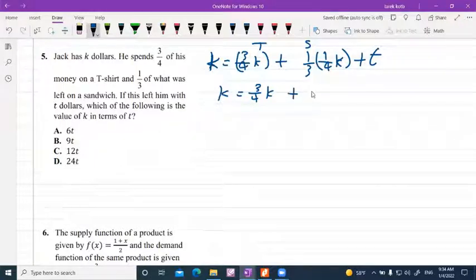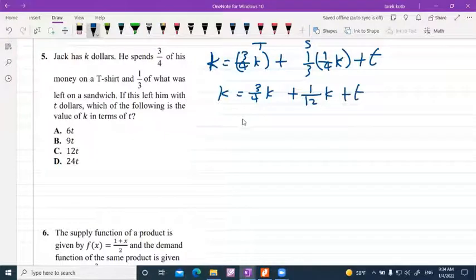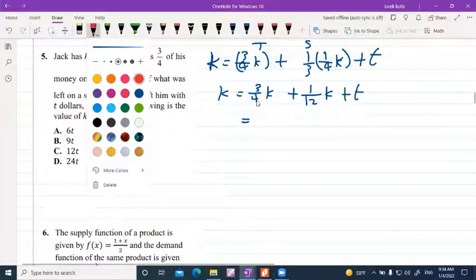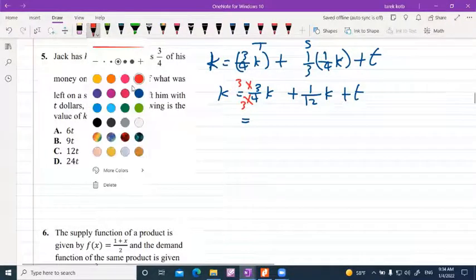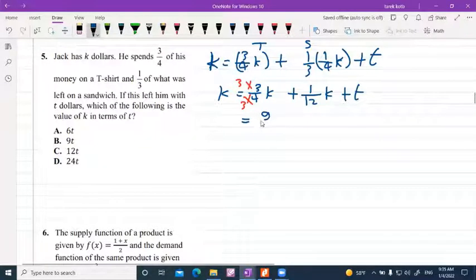We need to get the value of K. So the K equals 3 over 4K, let me simplify this, plus 1 over 12K plus T. If you add these two, means you multiply this by 3 and 3 to get a common denominator.